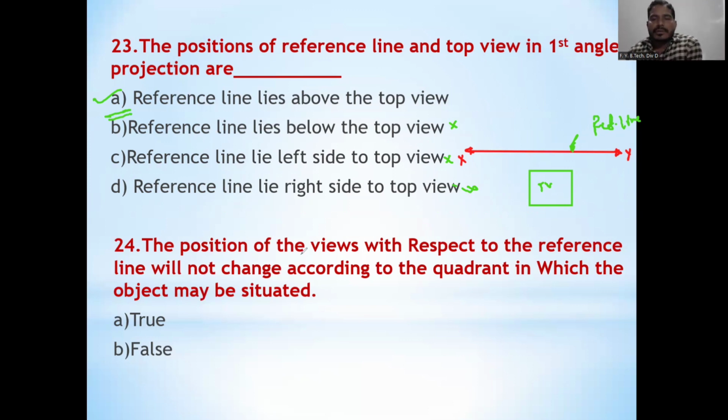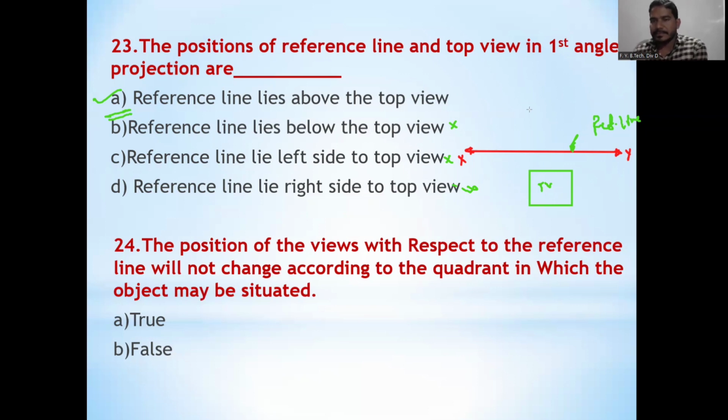Then next we'll see 24. The position of the views with respect to a reference line will not change according to the quadrant in which the object may be situated. Okay, so we have to tell whether the statement is true or false. For this we need to check. Suppose we consider the first quadrant. Suppose the object is kept in the first quadrant.